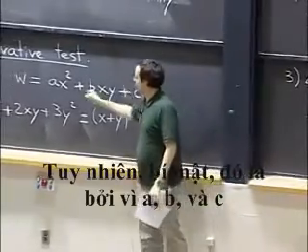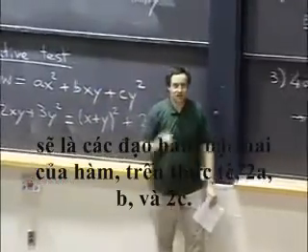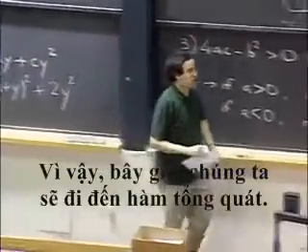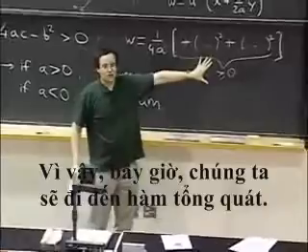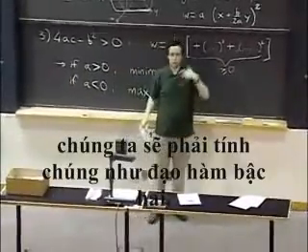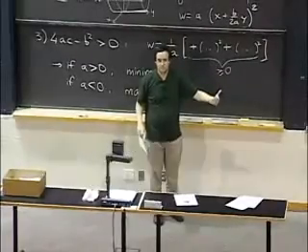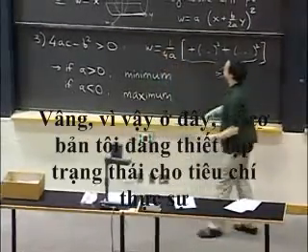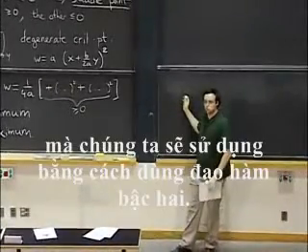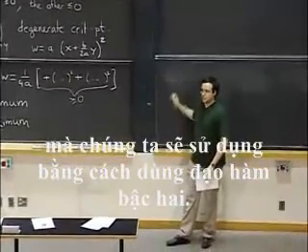But that's because a, b, and c will be the second derivatives of the function, actually 2a, b, and 2c. So now we are going to go to a general function, and there, instead of having these coefficients a, b, and c given to us, we'll have to compute them as second derivatives. So here I'm basically setting the stage for the actual criterion we'll use with second derivatives.